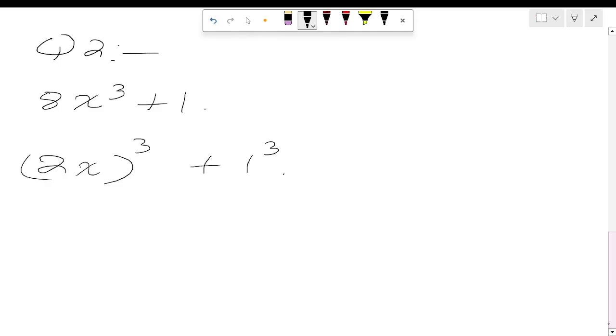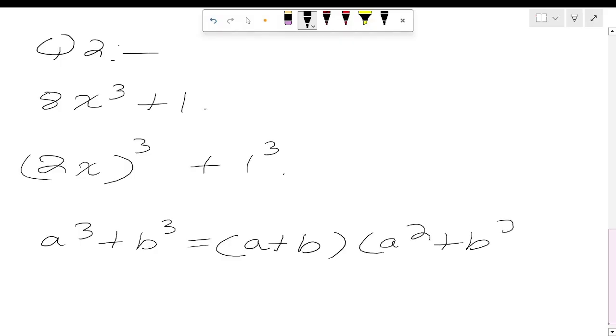So now I have arranged this expression into the a cube plus b cube formula. Let me remind you, it is equal to a plus b, a square plus b square minus ab. So I'm gonna put this expression into this form.